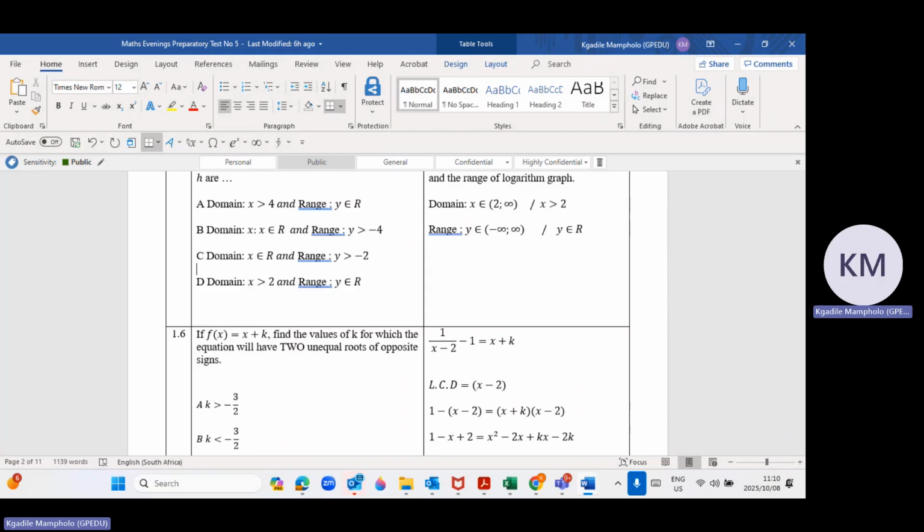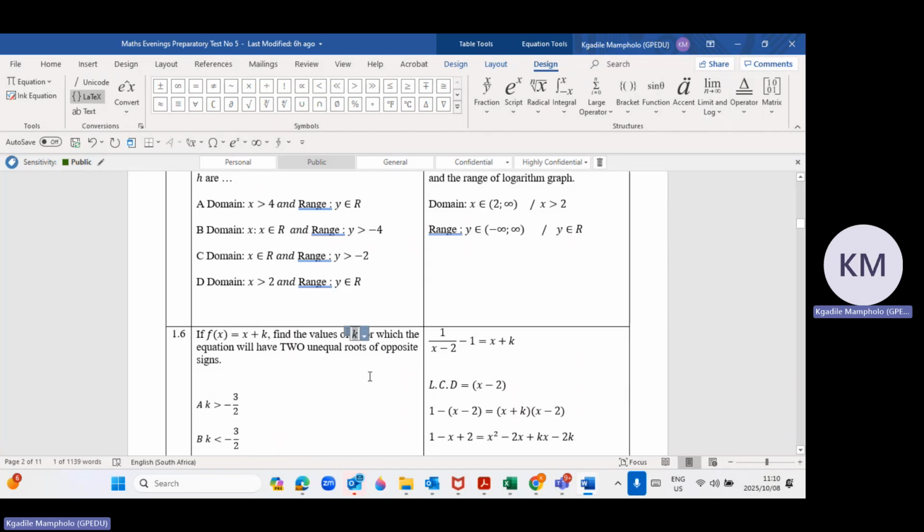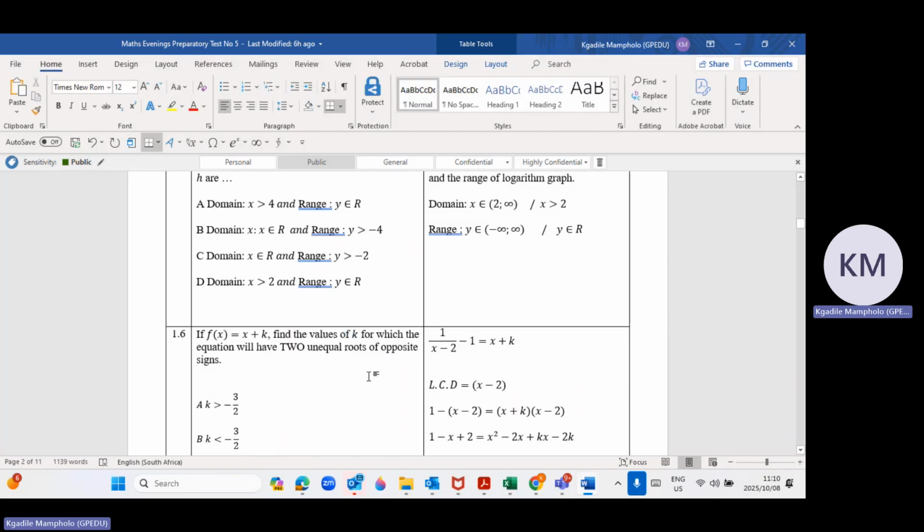Now 1.6, say f of x equals x plus k. If f of x equals x plus k, find the values of k for which the equation will have two unequal roots of opposite signs.